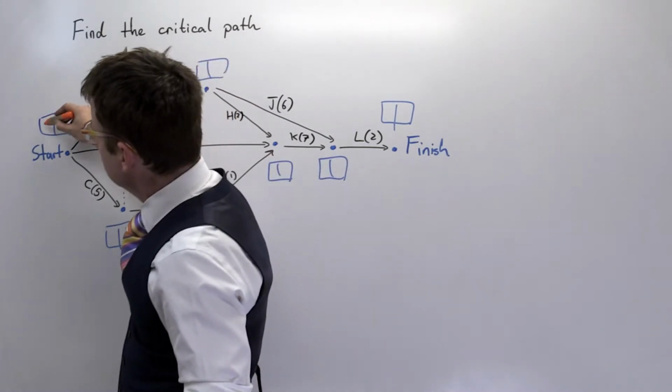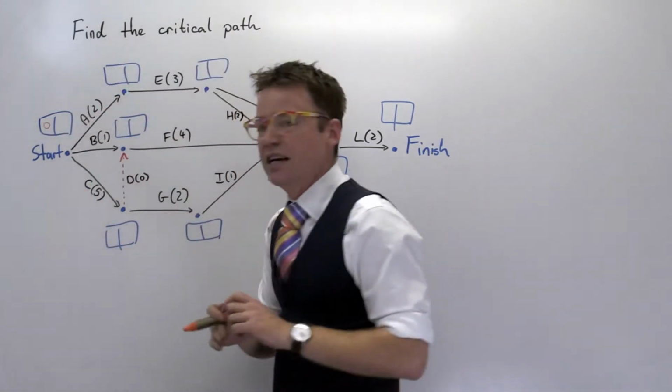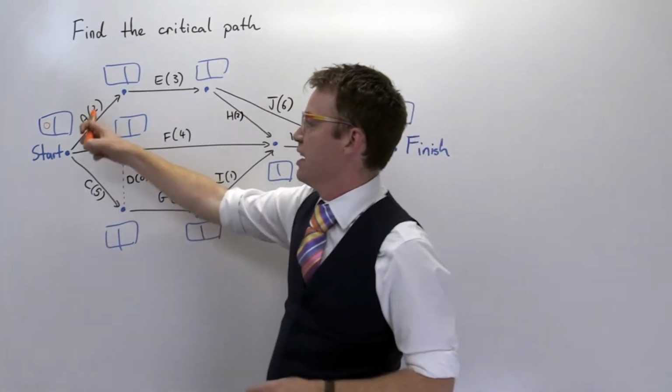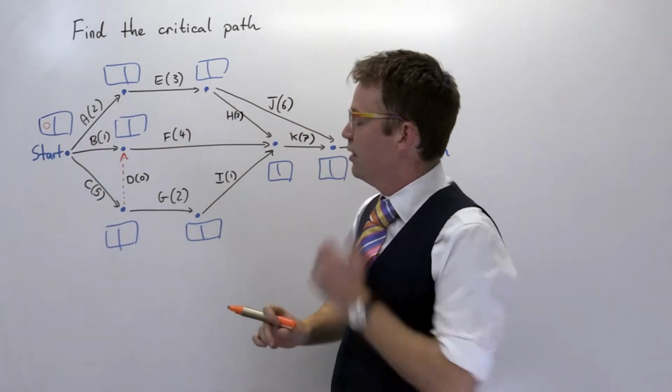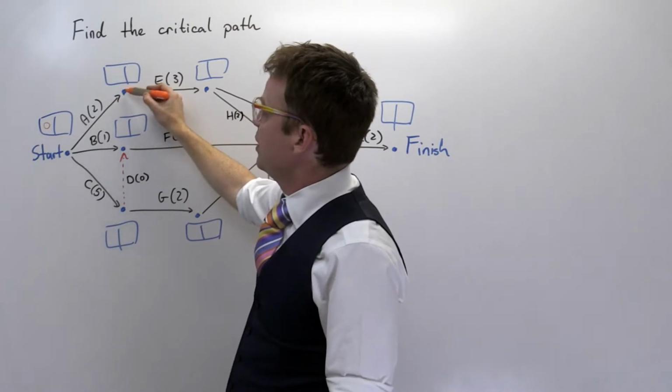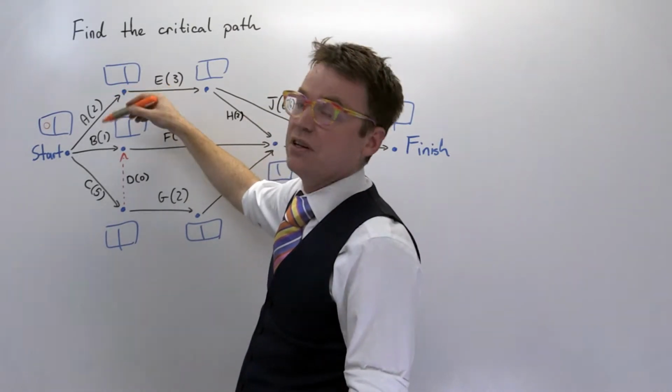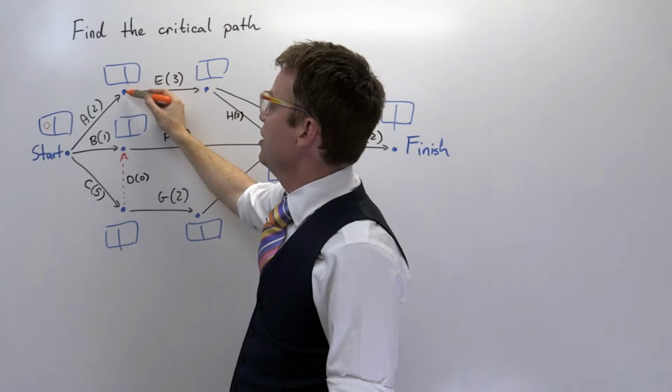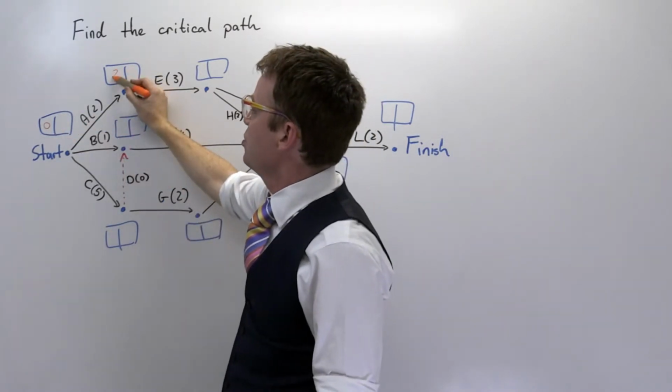You give this vertex here a 0, representing an EST of 0 for activities A, B, and C. Okay, the first thing we do is look at how soon we can achieve this vertex. How soon can the prerequisites of E be achieved? Well, that's just 0 plus 2, so that's 2.